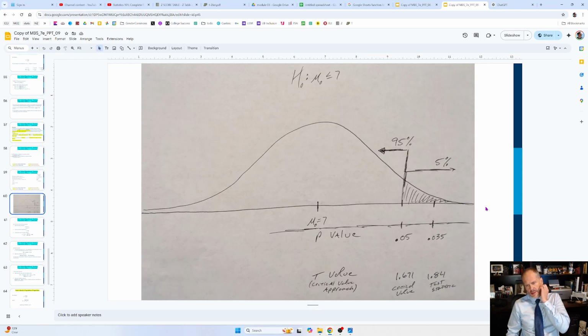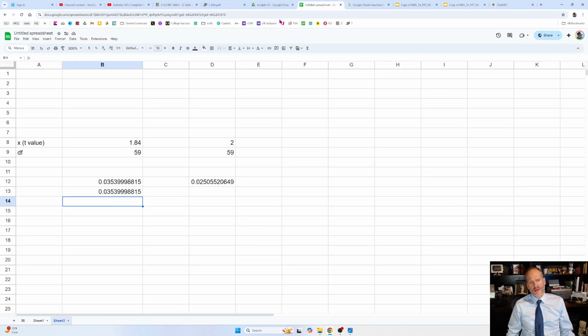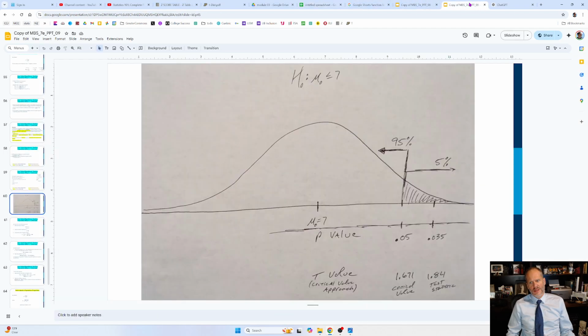So we have this 0.05 p-value. And then the last piece we need to find is this 1.671 critical value. So with this formula here, we went from our t-value of 1.84 to our p-value. And now we have our p-value, and our p-value is over here 0.05.